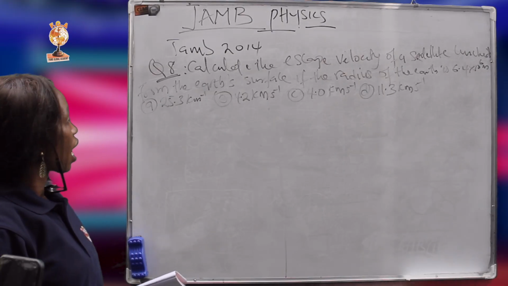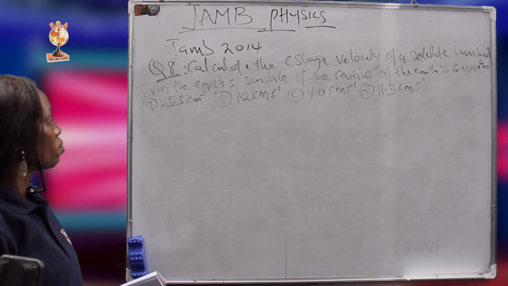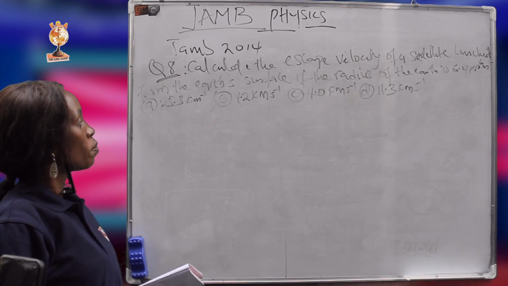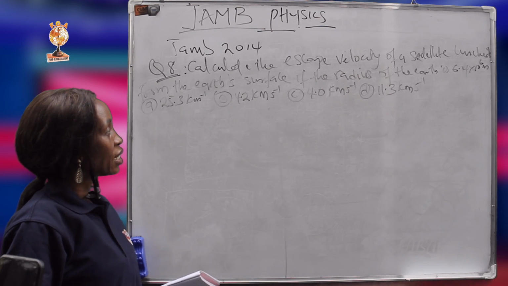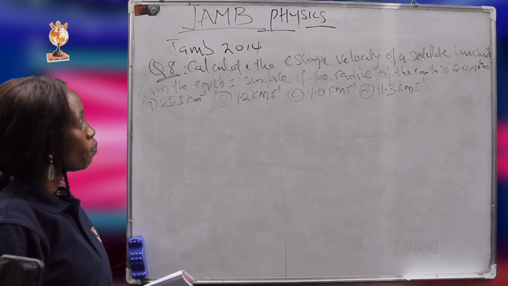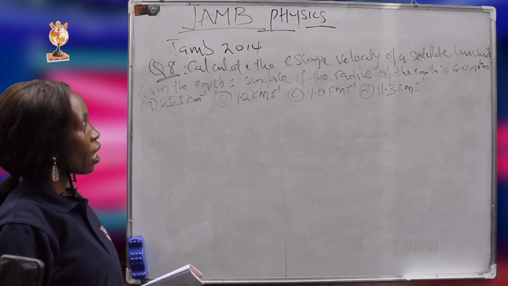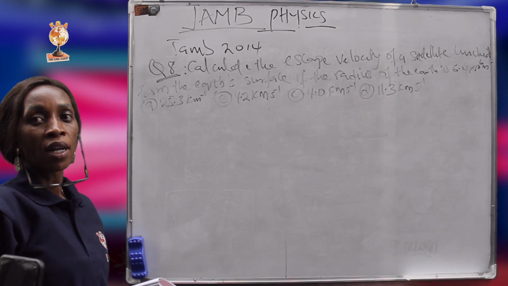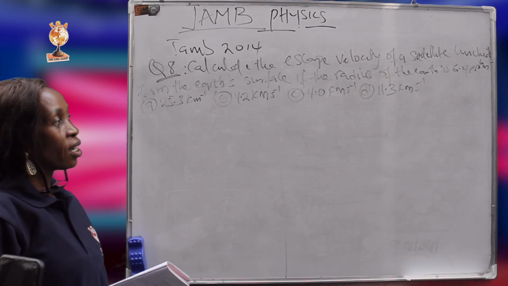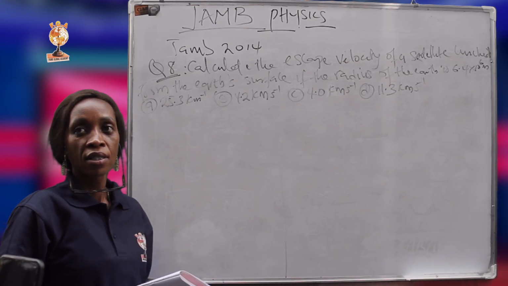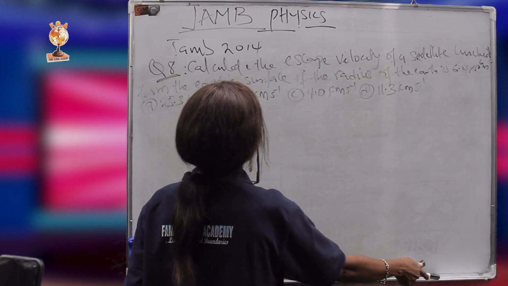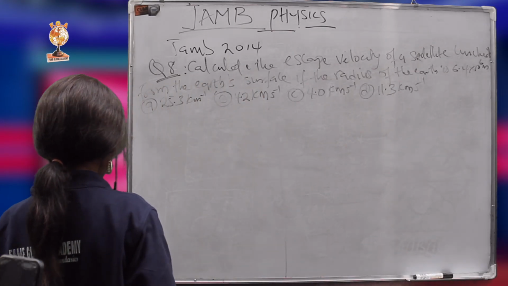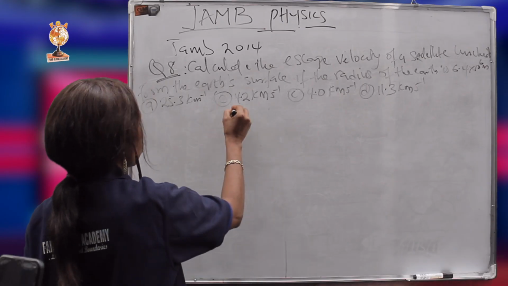Then the options are A, 2.5 kilometers, then B is 4.2 kilometers per second, C is 4.0 kilometers per second, and then D we have 11.3 kilometers per second. Now, first and foremost, what is given? What is given? So, solution.